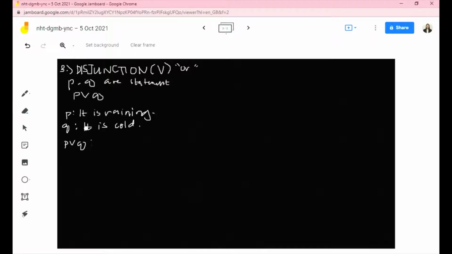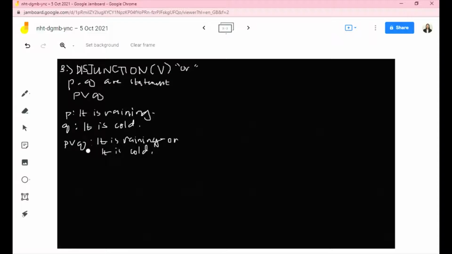Substitute the statement P, that is, it is raining. So we'll be writing that down. It is raining, not a period yet. And then we have disjunction, or in English, the word "or," followed by your Q. It is cold, period.